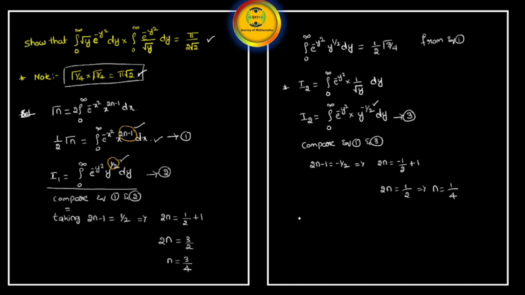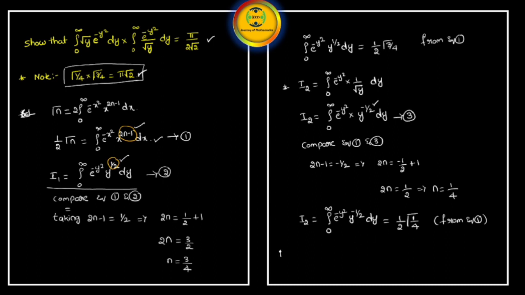Now let us find I2. I2 is nothing but integral 0 to infinity e power minus y square into y power minus half dy. As per the definition, this can be directly written as 1 by 2 into gamma of n, where n we found as 1 by 4. So 1 by 2 into gamma of 1 by 4, from equation 1.